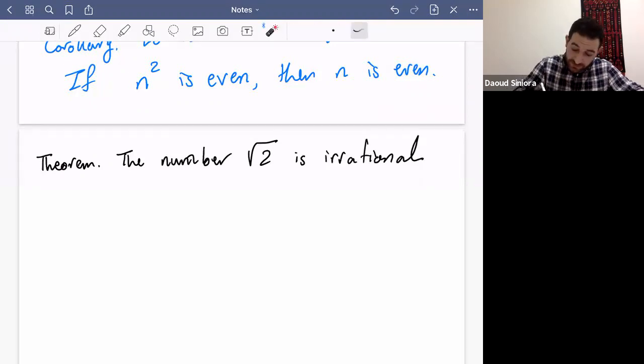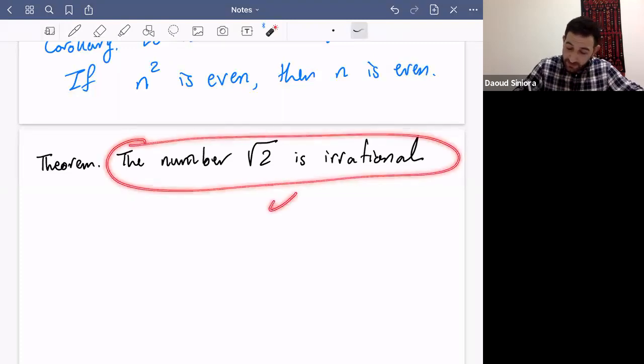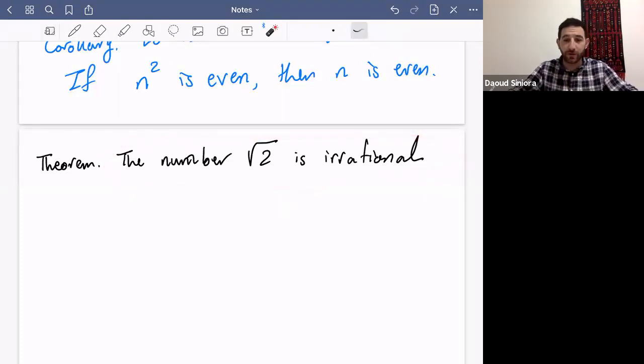Okay, so this statement is the statement alpha that we want to prove by contradiction. So think of this as alpha. We want to prove it by contradiction. So suppose alpha is false and get a contradiction. This means alpha is true.